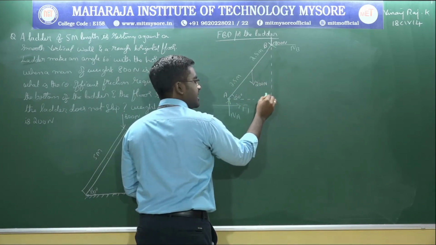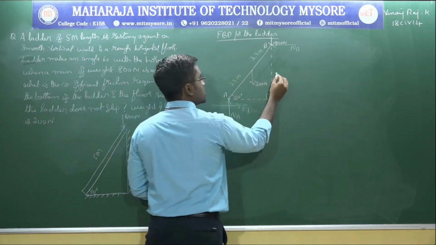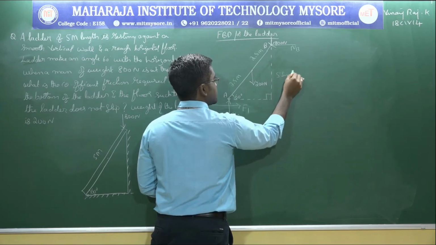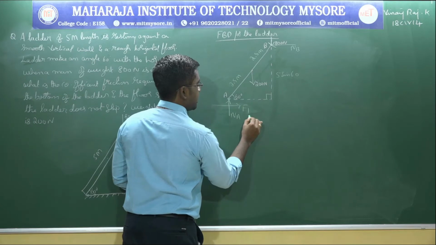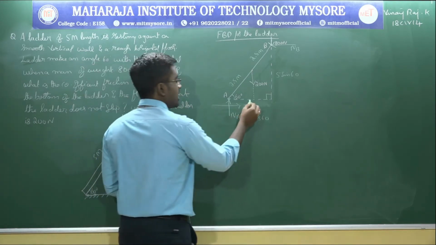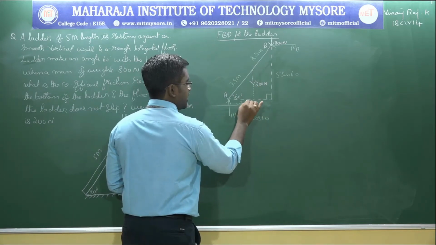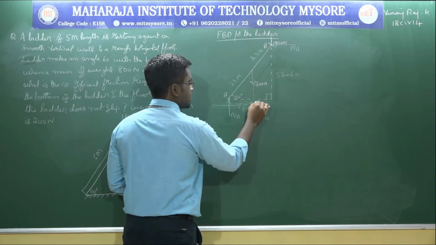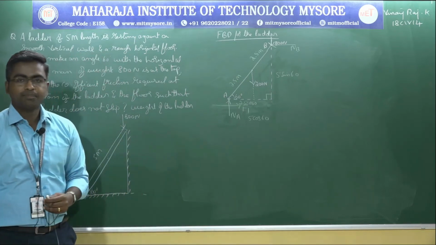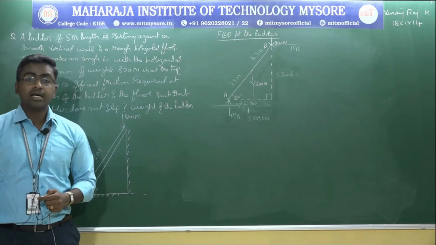If this is 90 degrees, if this is 60 degrees, this side is opposite, so that will be equal to 5 sin 60, and this distance will be equal to 5 cos 60. If I drop a perpendicular here, this distance will be equal to 2.5 cos 60, right? So this completes the free body diagram of the ladder.